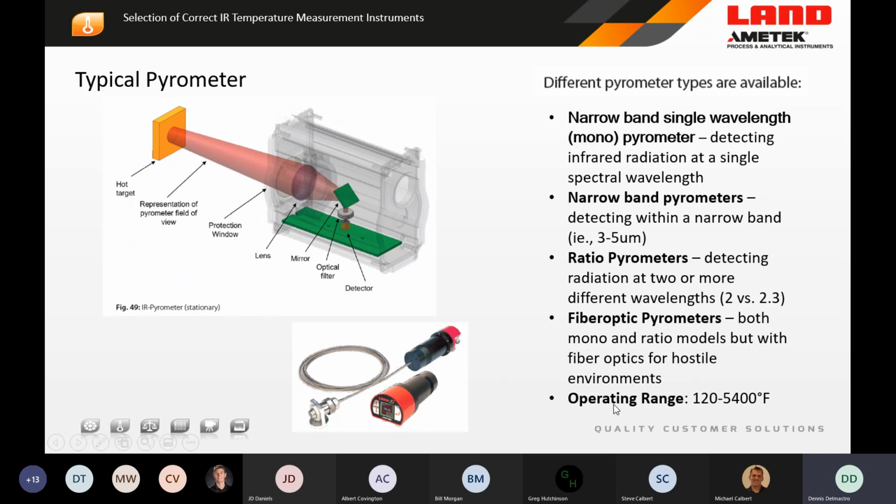Now the operating range of pyrometers is vast. Now, no one pyrometer can handle 120 to 5400 F, but through different models, we can literally measure down to 120 F or all the way up to 5400 F.